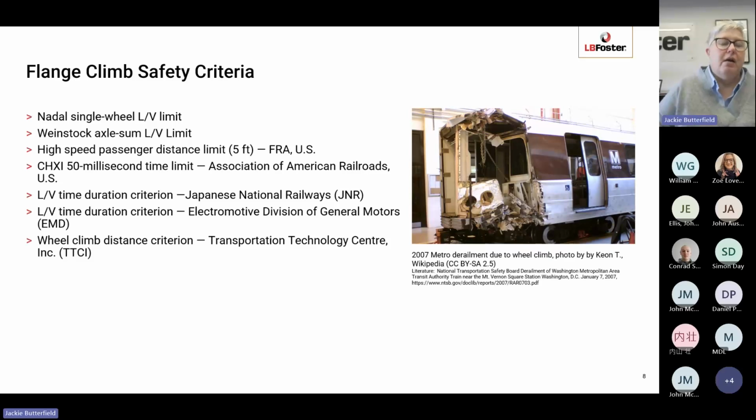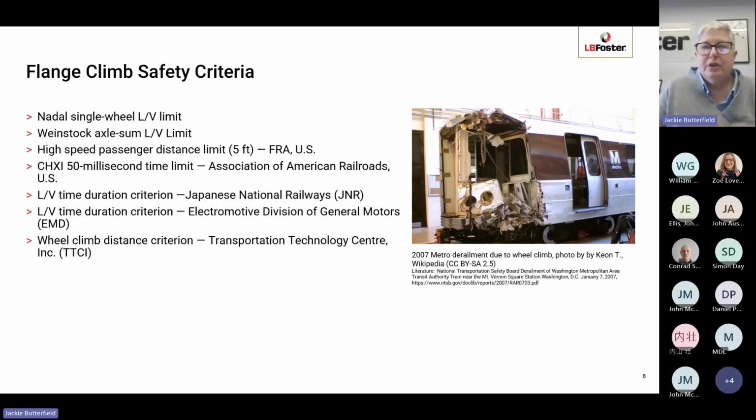So these are the Nadal single wheel L over V limit, the Weinstock axle sum L over V limit, and then there are others which are being developed by specific railroads that are looking at distance limits, time duration, and wheel climb distance.